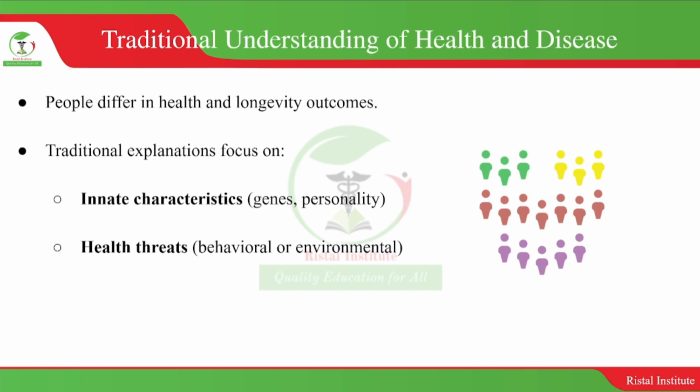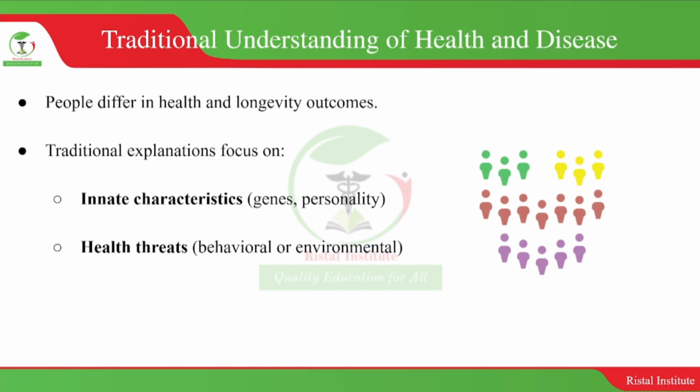Okay. So previously, the understanding was that diseases occur in people because of their individual characteristics, what we are terming innate characteristics: your genes, your genetic makeup, your personality. These are individual characteristics, gender, and issues like that. And then the second thing is the health threats that come from the environment and also behaviors.